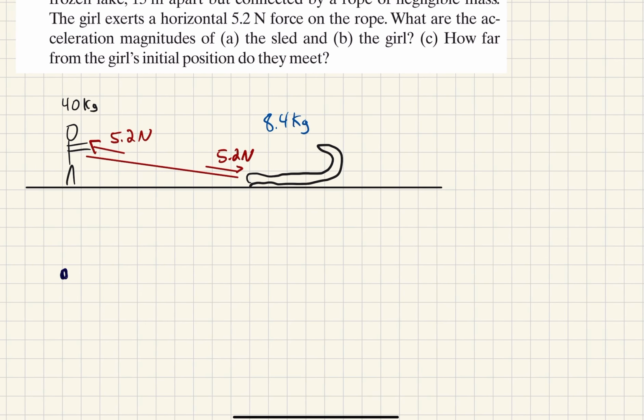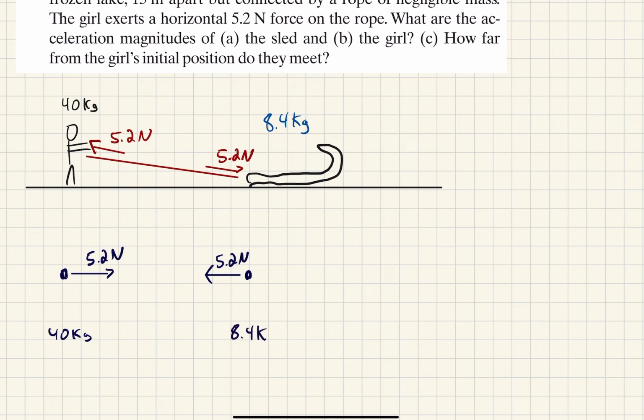So to solve for the acceleration of both, we treat them as point masses. The girl is going to experience a pull to the right of 5.2 newtons, and the sled is also going to experience a pull of that same magnitude to the left.